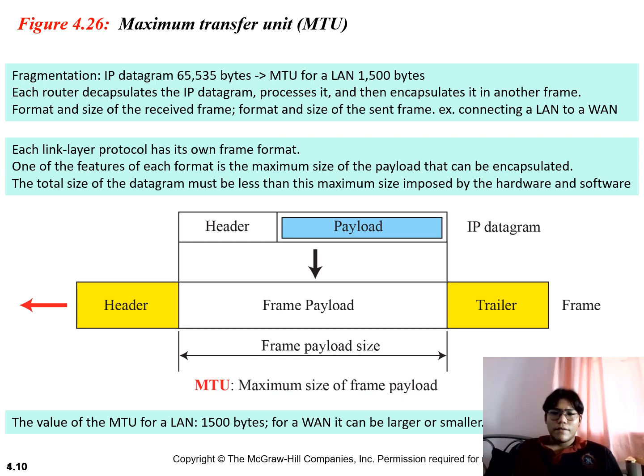The IP datagram can be up to 65,535 bytes, while the MTU for a LAN is 1,500 bytes. Each router decapsulates the IP datagram, processes it, and then encapsulates it in another frame. The format and size of the received frame may differ from the format and size of the sent frame. Example: connecting a LAN to a WAN.